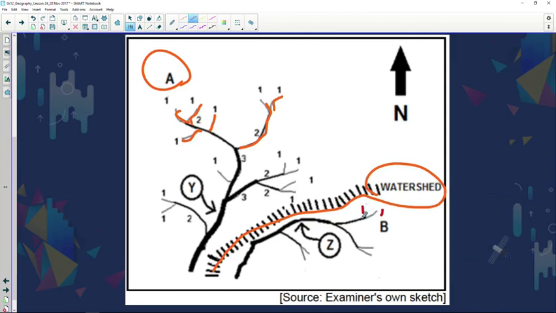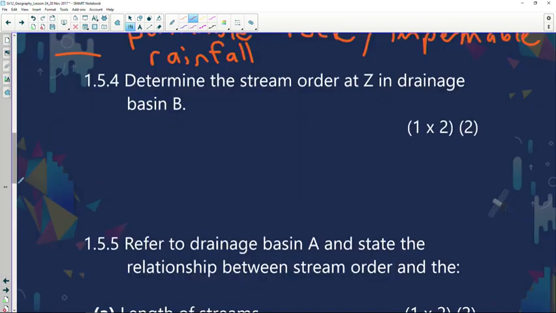A 1 and a 1 makes a 2. A 2 and a 2 makes a third stream order. So Z will be a third stream order. And that will be your correct answer.